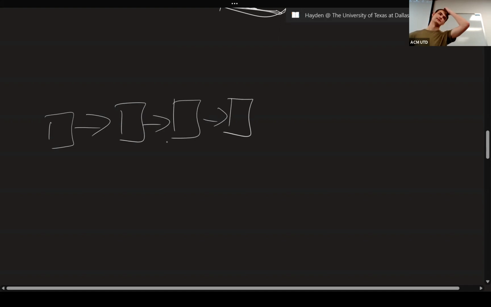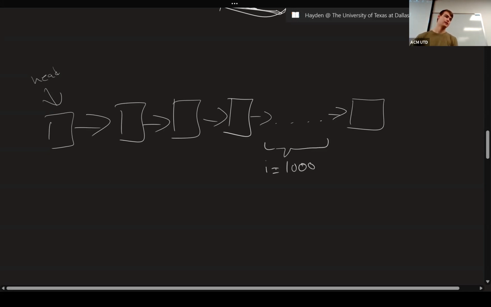So say we have this list, and say it's 1,000,000 elements long. And all we have is a pointer to the head. And if we want to get something that's in here, at index I equals 10,000, then we have to start at the head and traverse from node to node 10,000 times till we reach that thing.